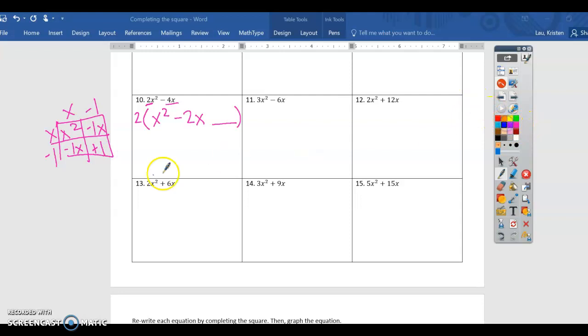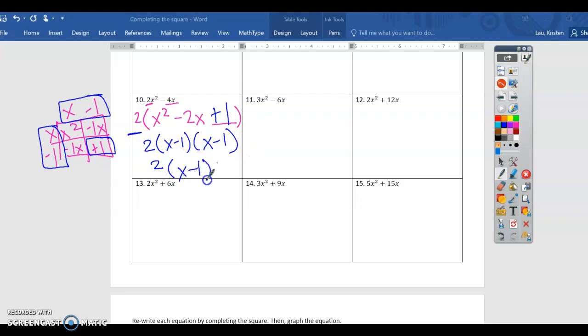So what we need to add to complete this square is a positive 1. So what are my two factors? If I factored it, x minus 1, x minus 1. Okay, don't forget the 2 on the outside, so that's 2. If you don't want to write x minus 1 twice, you can just say x minus 1 squared, because that implies we have 2 of them. And then there's just the coefficient of 2 on the outside.